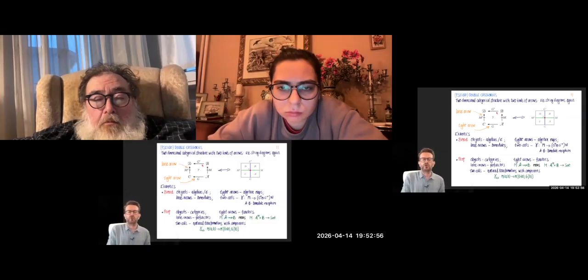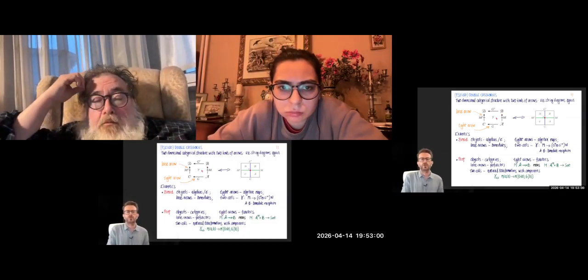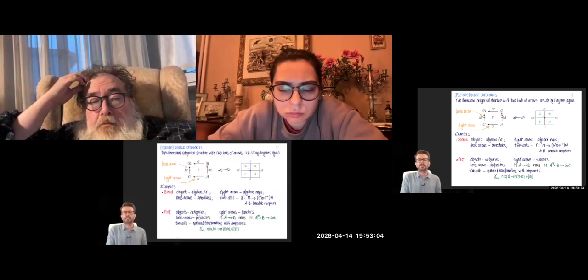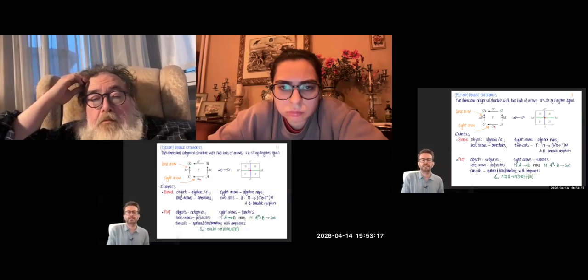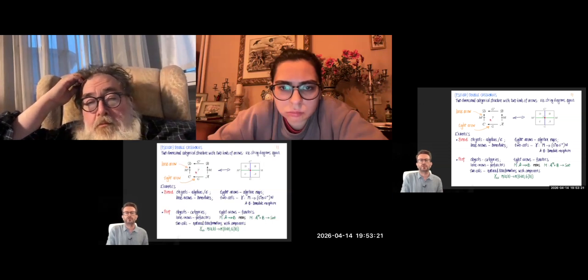I'm going to draw my tight arrows horizontally and my loose arrows vertically, and I'm going to have a 2-cell. So the idea is that a double category has tight arrows that I can compose together, and I can compose loose arrows together, but I can't compose loose arrows and tight arrows in general. And then I've got a notion of what a 2-cell is.